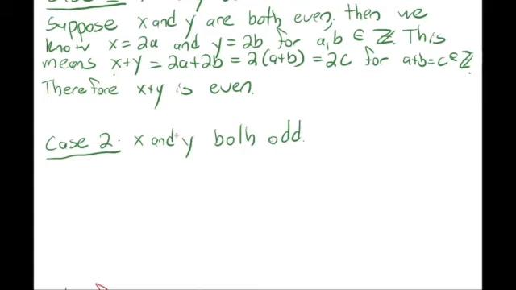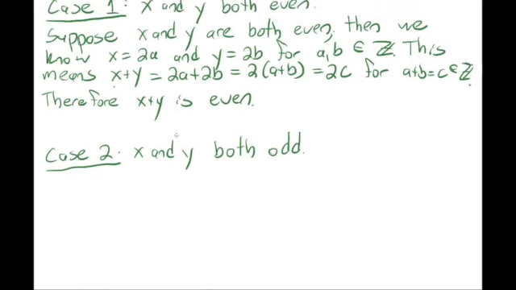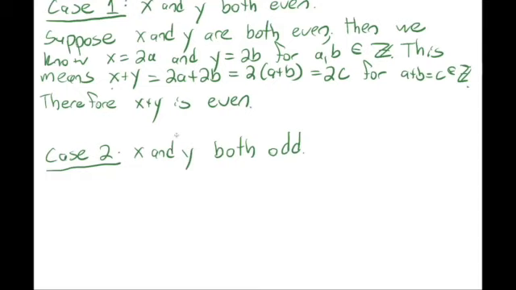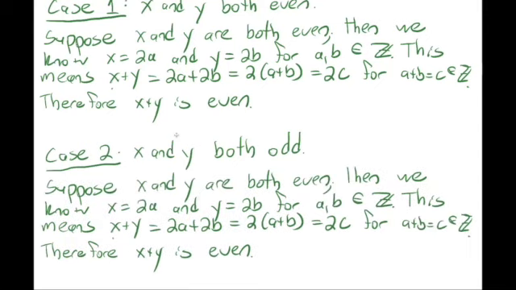Okay, so now if we're going to assume X and Y are both odd integers, basically the proof is going to follow very similarly. I'm going to even just copy this. And let me just read in what we need to update here.